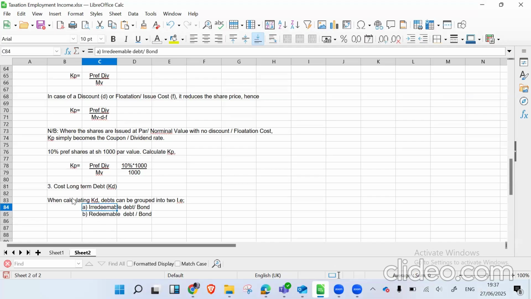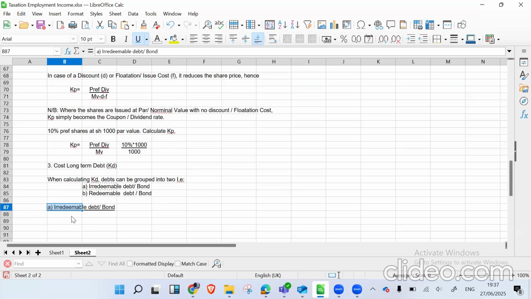Start with the first one. Irredeemable bond. From a valuation point of view, I remember we talked about redeemable and irredeemable, and of course we also had the convertible.